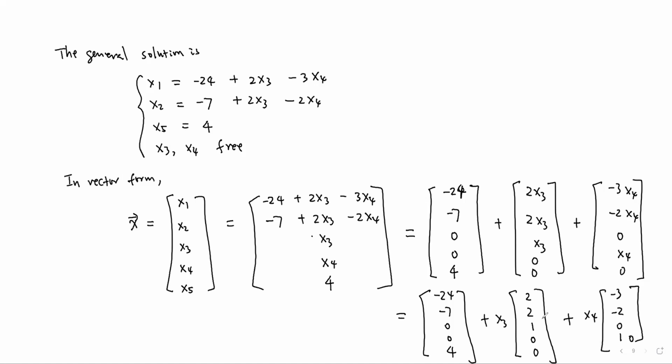In exam 1, I can guarantee there must be a problem similar to this example: solve a general linear system and then write the general solution in vector form. Next, let me continue to pick problems from the exercise section.